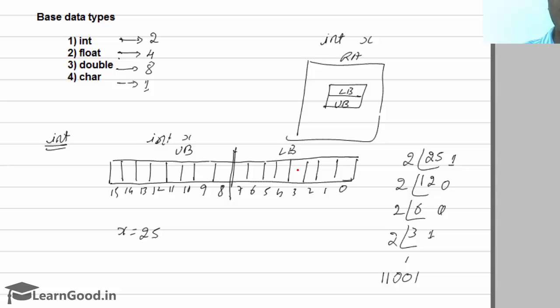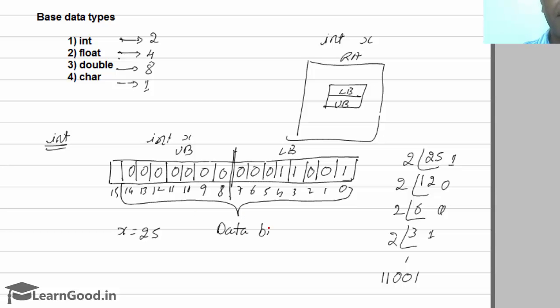So how is 11001 stored? This is how the data is stored, and in all the rest of the locations you'll have zeros. The first 15 bits are treated as data bits. There are totally 15 data bits, and the last bit is treated as the sign bit.